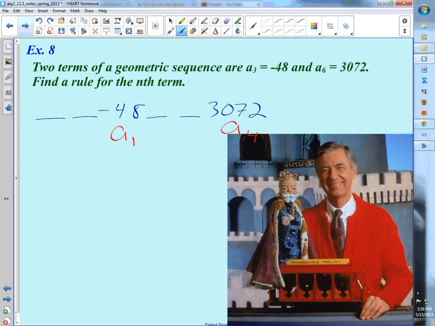And if that's true, we can plug in 3072 for a sub n is equal to negative 48 times the unknown r, that's our big problem, we don't know what r is, raised to the what power? 4 minus 1, or third power.